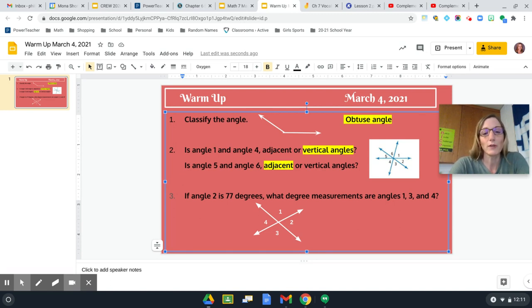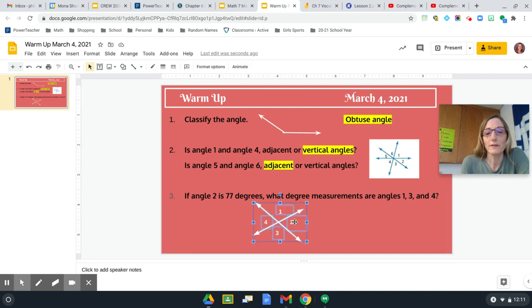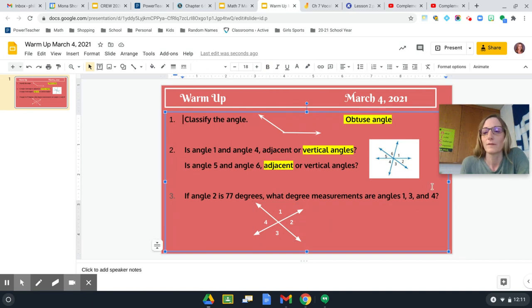So here in number 3, if angle 2 is 77 degrees, we need angle 1, angle 3, and angle 4.